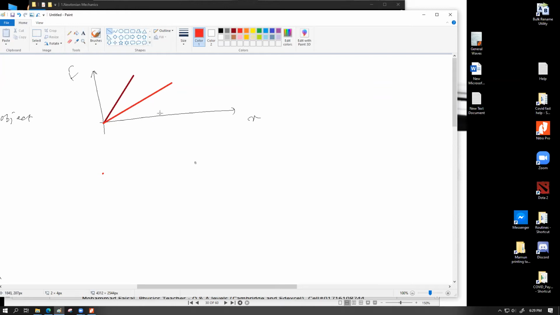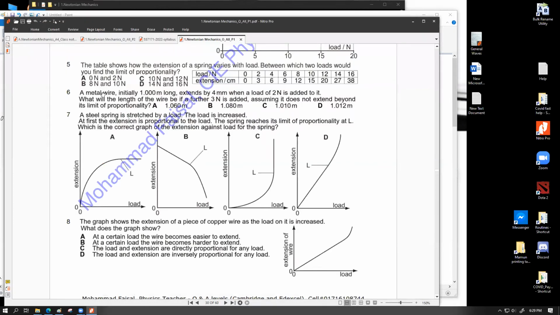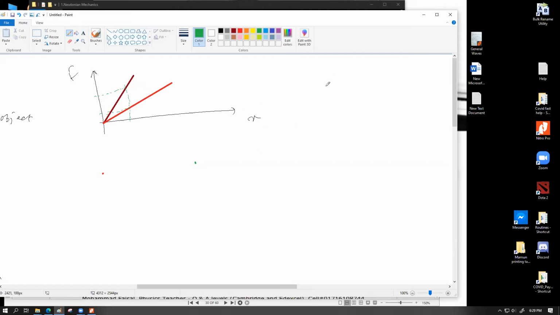If I want to achieve this much extension, for the red we apply only this much force, but for the brown we have to apply a very large force. So the wire with a lower gradient on the force-extension graph is easier to deform. A steeper graph means harder to deform, and a slanted graph means easier to deform.